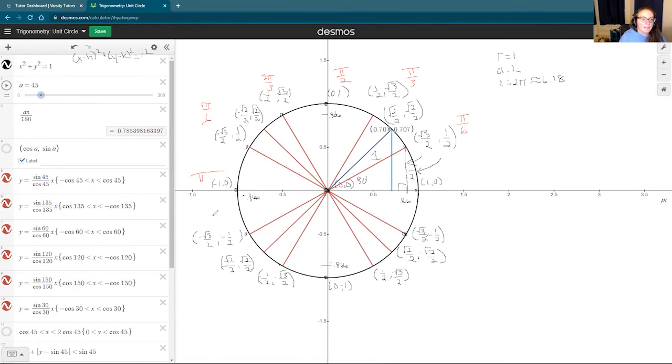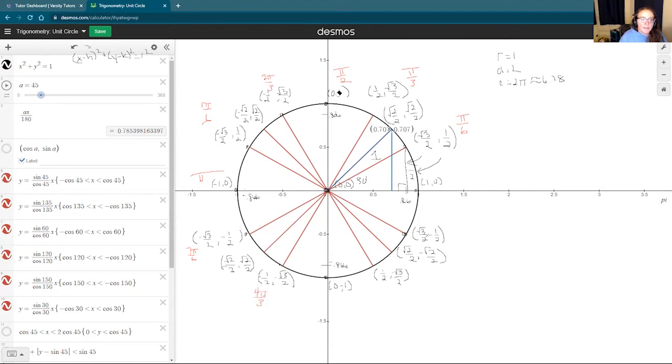Okay, the next one is 7 pi over 6. The next one will be 8 pi over 6, or I can divide both the numerator and the denominator by 2. I'm going to do 4 pi over 3. Let's write this better. 4 pi over 3.